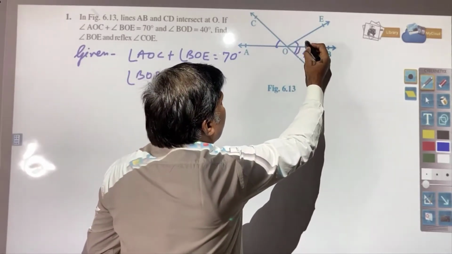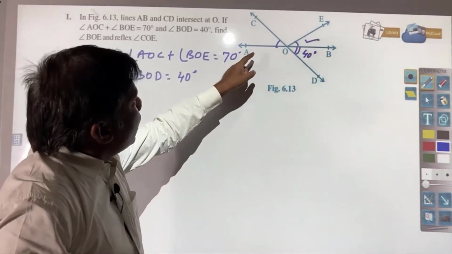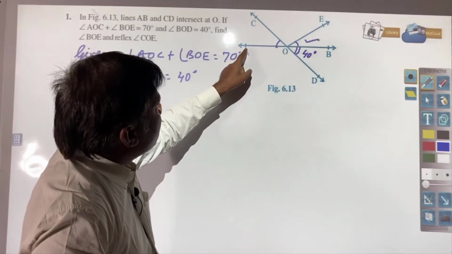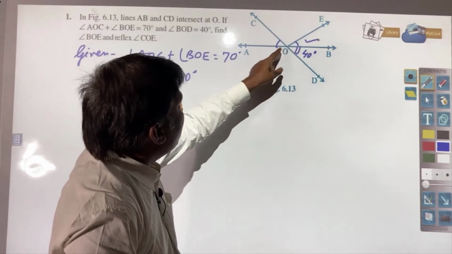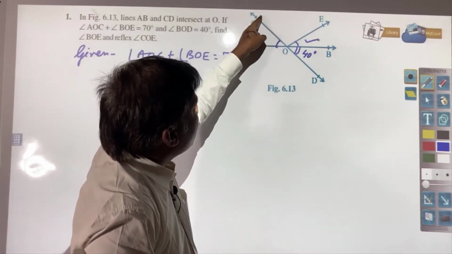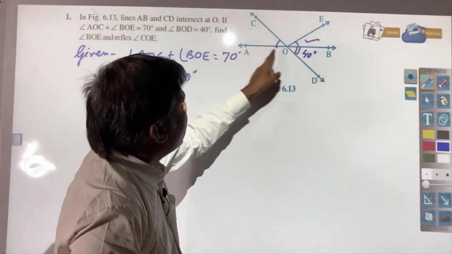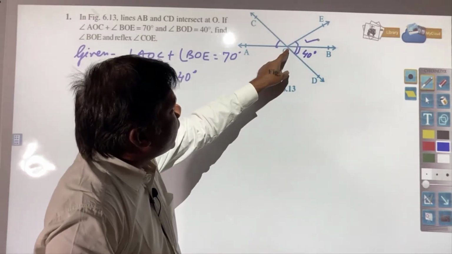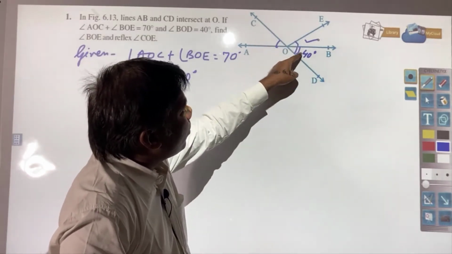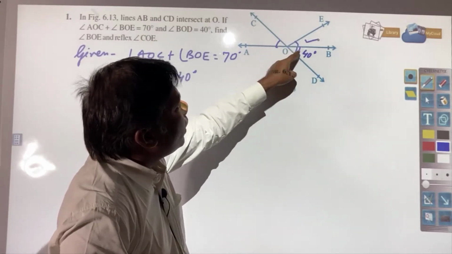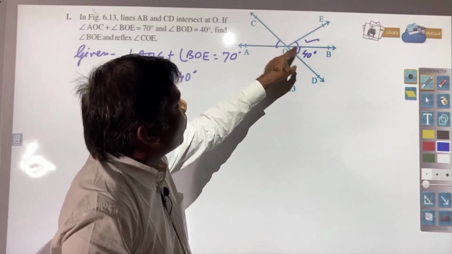So here you see, in these two angles, AOC, line CD and AB are intersecting at O, and these both angles are vertically opposite angles, and both angles will be equal from theorem 6.1.